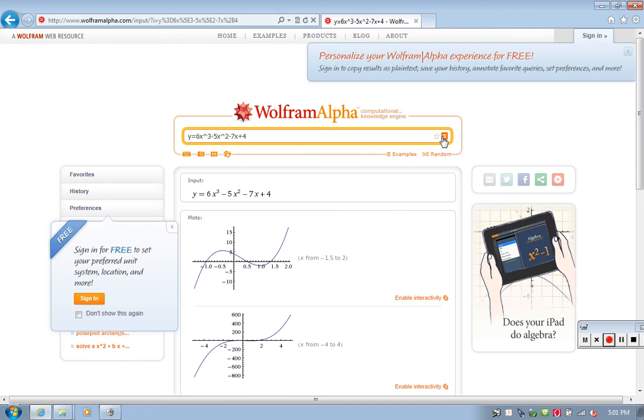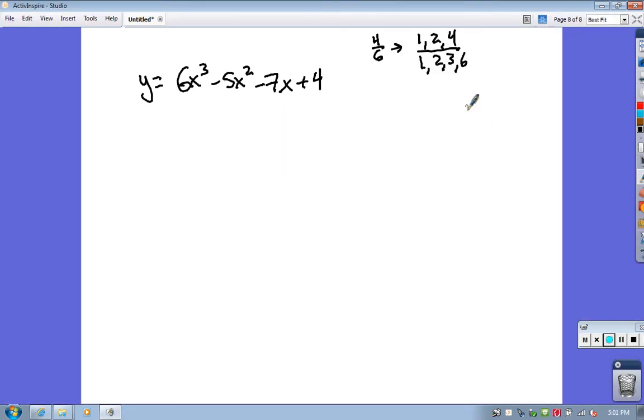Looks like I might have one here at -1. This one looks like it's around 1/2. This one looks like it's somewhere between 1 and 1 1/2. But I have this -1. That's a pretty good potential I can pick away at. Notice 1/2 is a possibility.